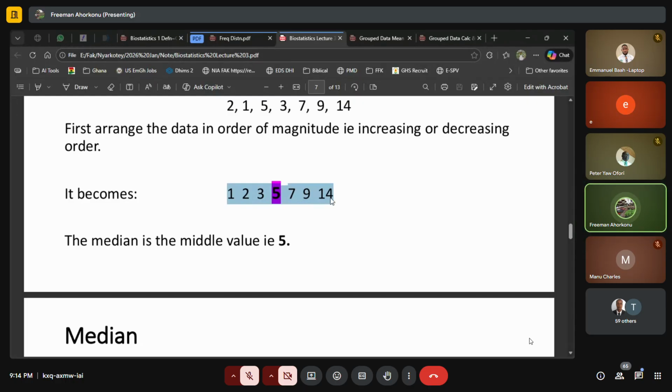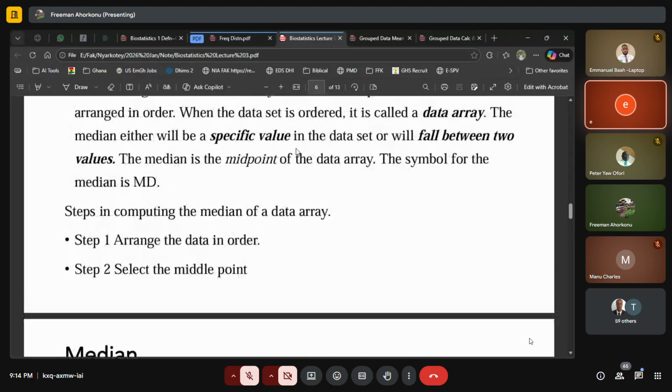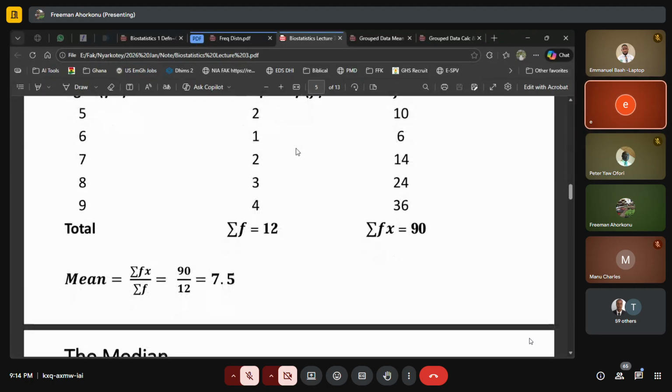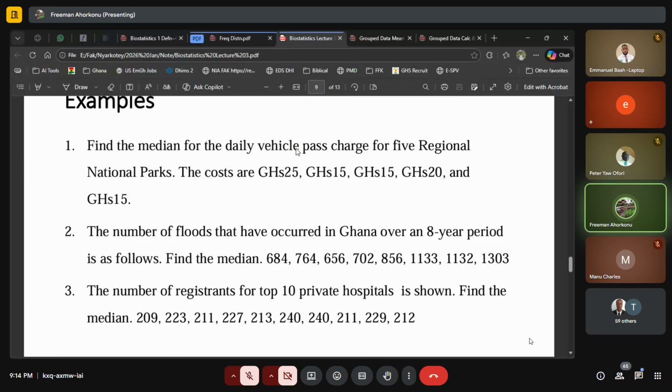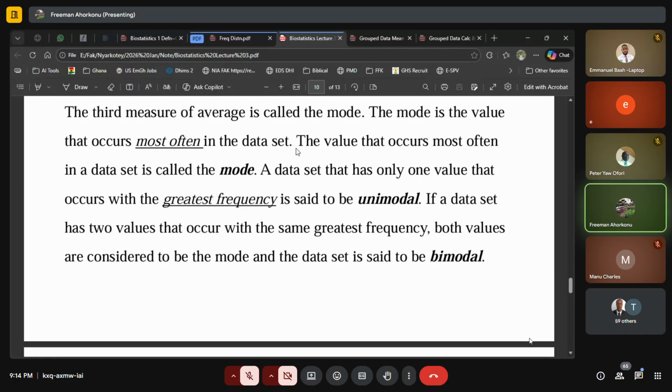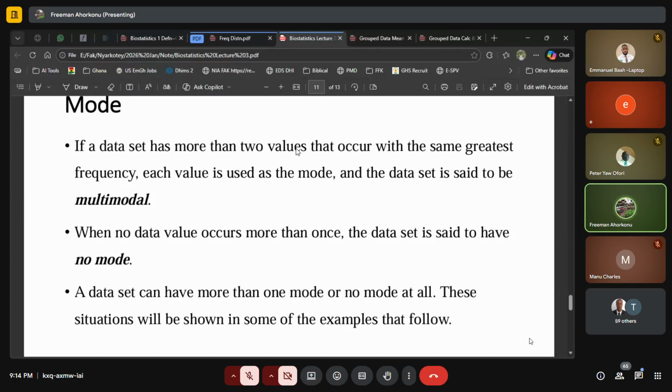Each number occurs once. So there is no mode. The data has no mode. So we have instances where there is no mode, instances where the data will be unimodal, and we have multimodal.